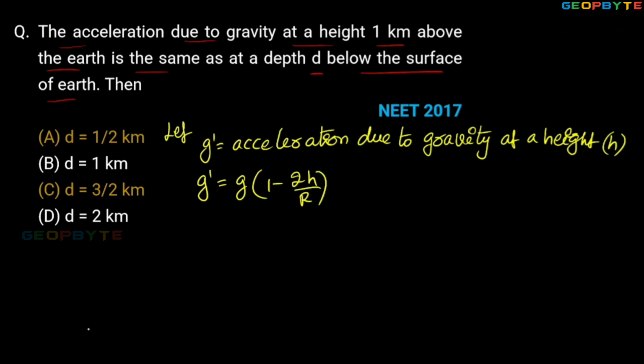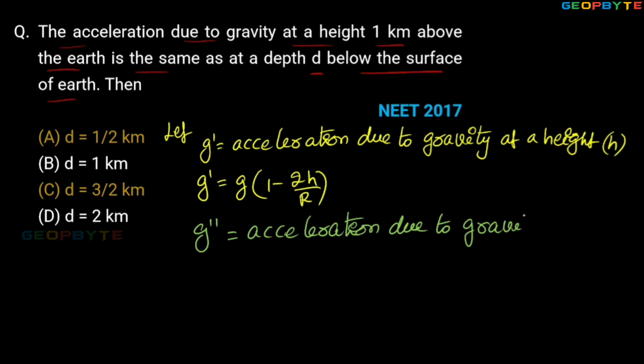Similarly, g double dash equal to acceleration due to gravity at a depth d, that is equal to g into 1 minus d by r.